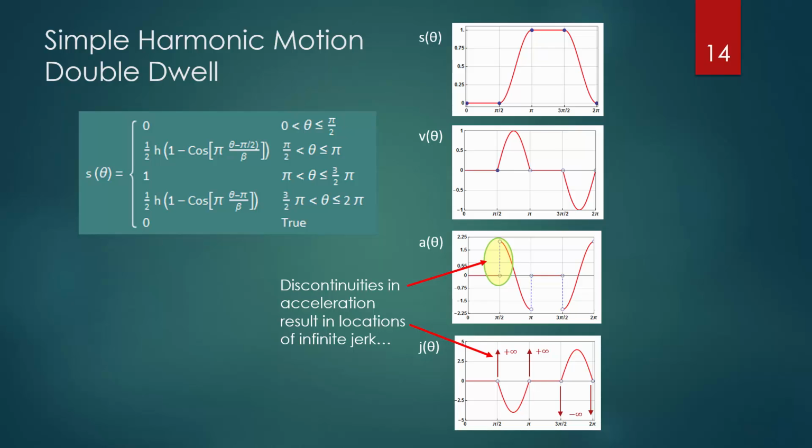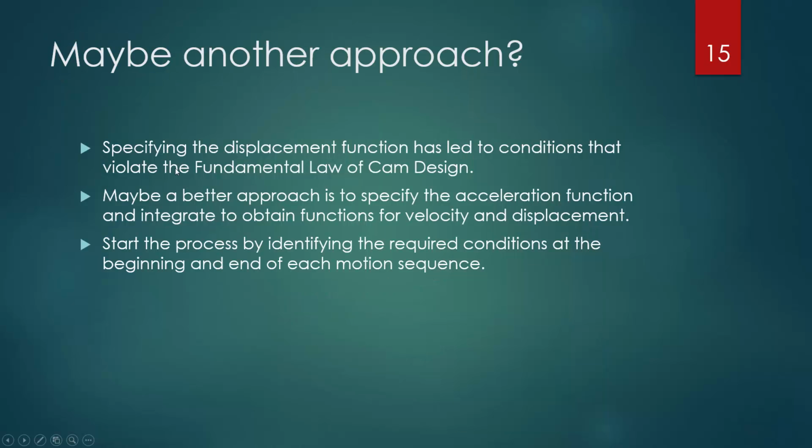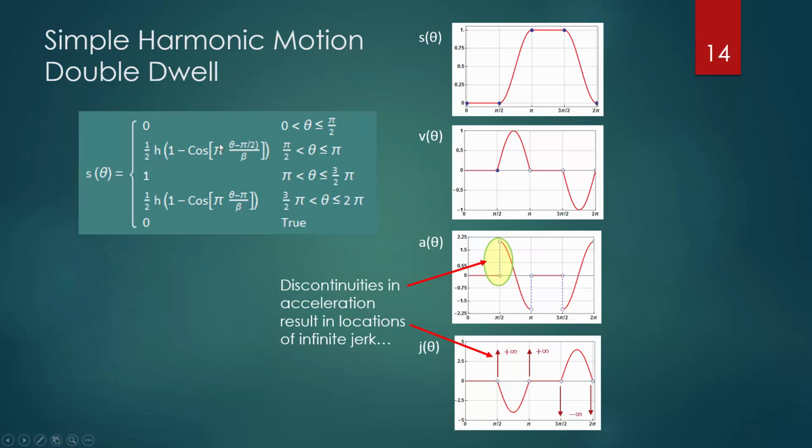Now, the textbook then goes into the discussion of maybe we could do simple harmonic motion, because the derivatives of all the cosine and sine functions are continuous. So what I'm showing again here is that this function, this function, and this function are just cosine functions that are matched to these particular coordinates.